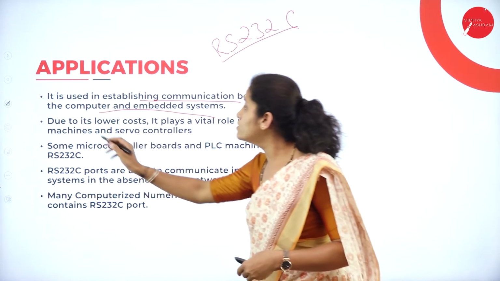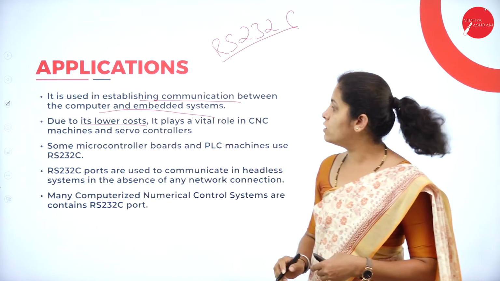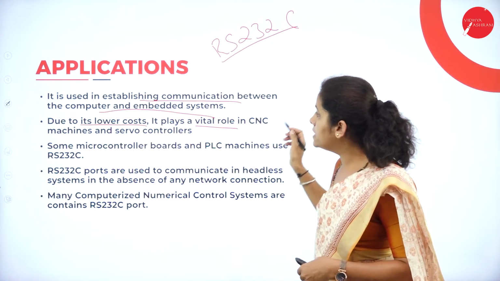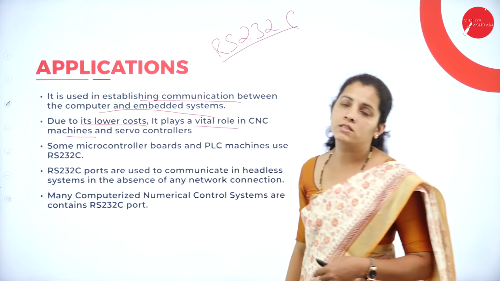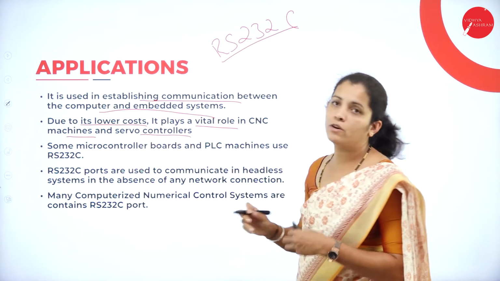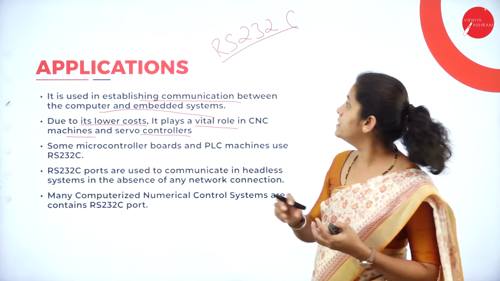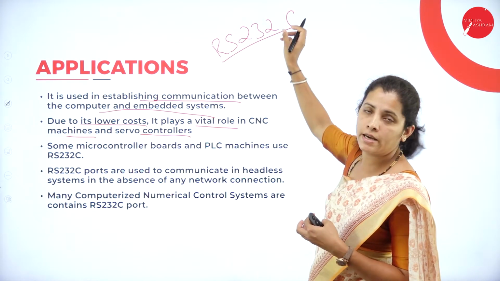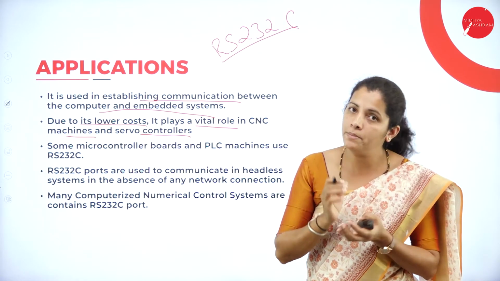The next application of RS-232C is that, because of its lower cost, it plays a vital role in CNC machines and servo controllers. Because of lower cost, that means to purchase RS-232C we require minimum cost.